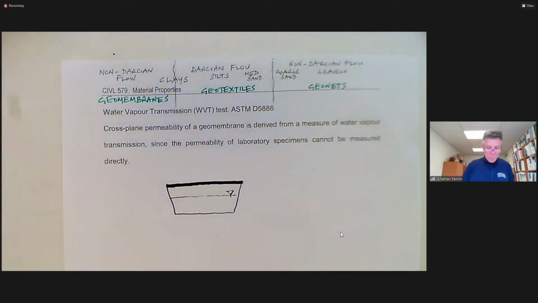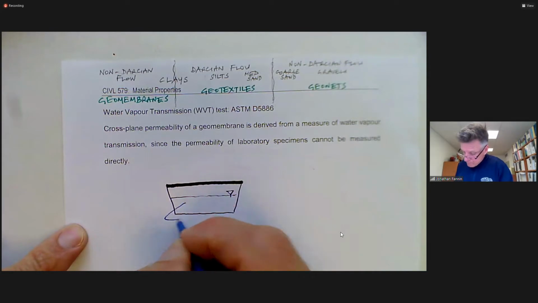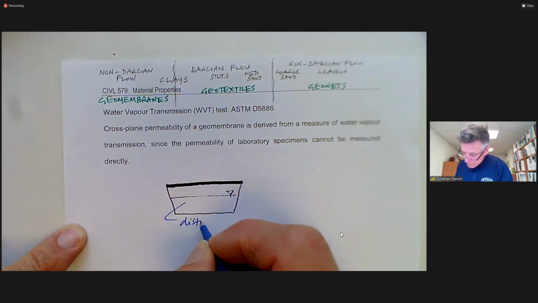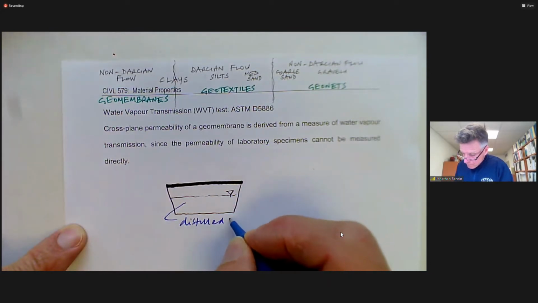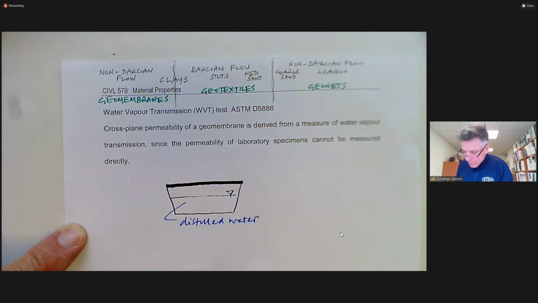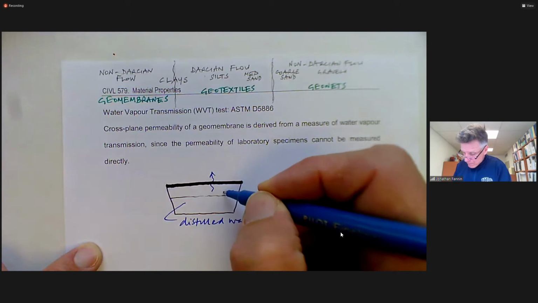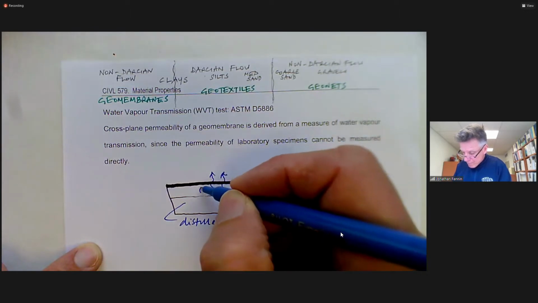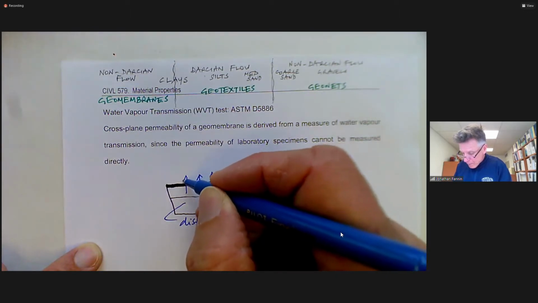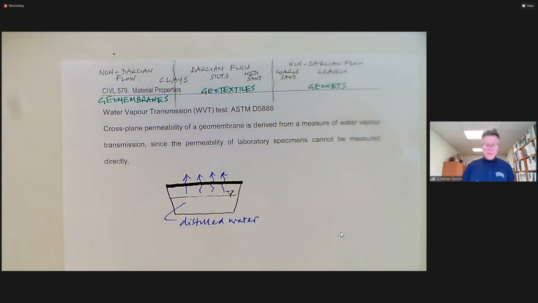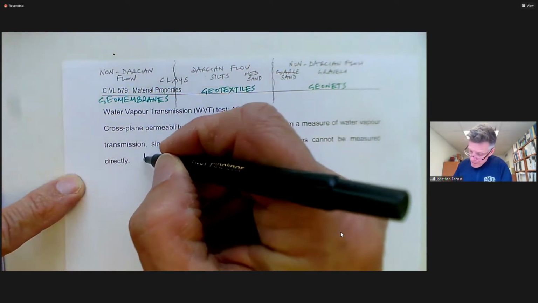And there's the geomembrane. And I'm going to create a flux of water vapor across the geomembrane by controlling the humidity in a chamber outside.